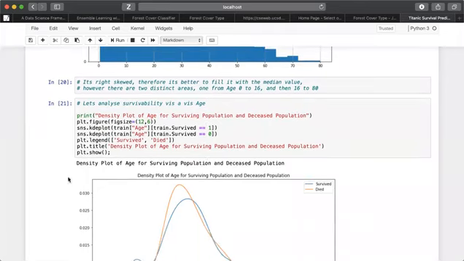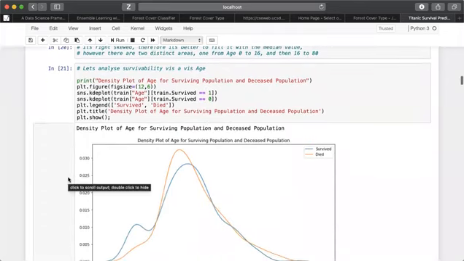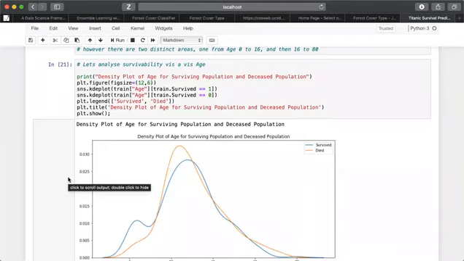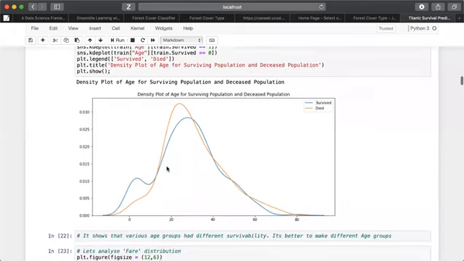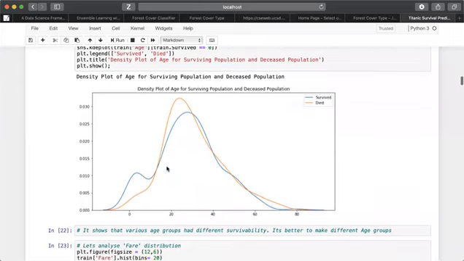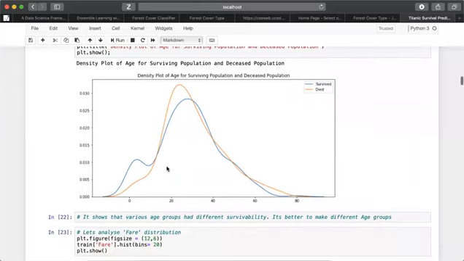Now let's analyze survivability vis-a-vis age. For this, I have plotted the KDE plot of the age column, first with Survived equal to 1 and second with Survived equal to 0. The blue line denotes the people who survived.